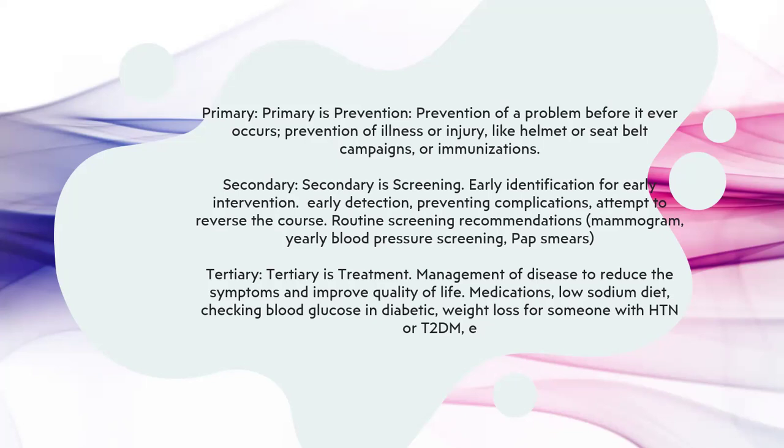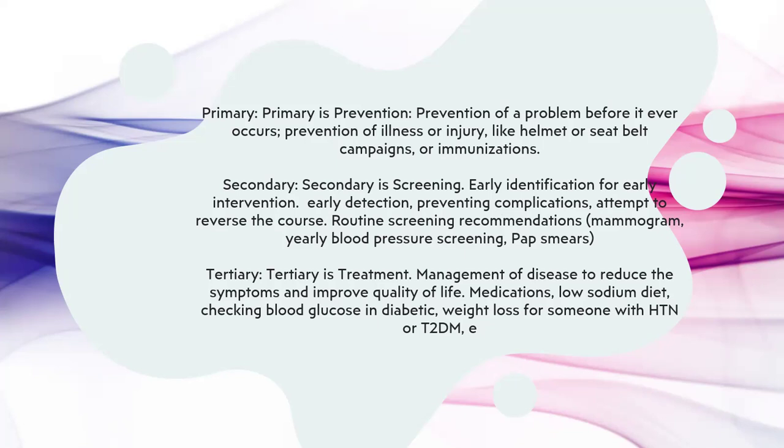So the earlier we catch things, and like you all mentioned, colonoscopies, they just lowered the age. I think I mentioned this last week, where the age was 50. They lowered the age a couple of years ago to 45 because the evidence from research shows that with early detection, they can prevent complications. And it's an attempt to reverse the course.